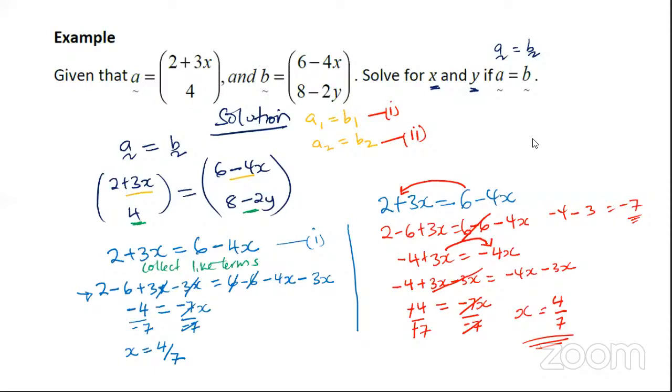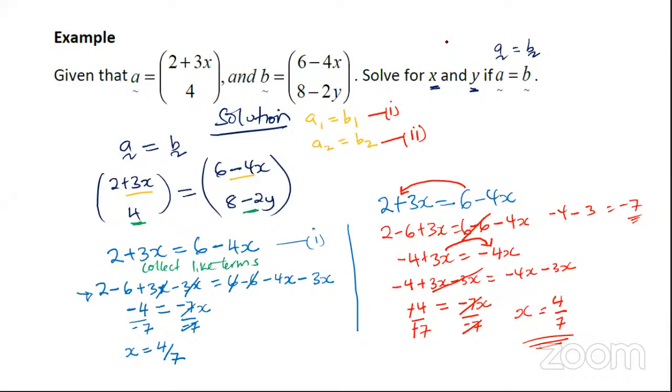I got 2 minus 6, that is negative 4, is equal to 4x minus 3x, then negative 4 is equal to negative 7x. Then negative 7x out of negative 4.